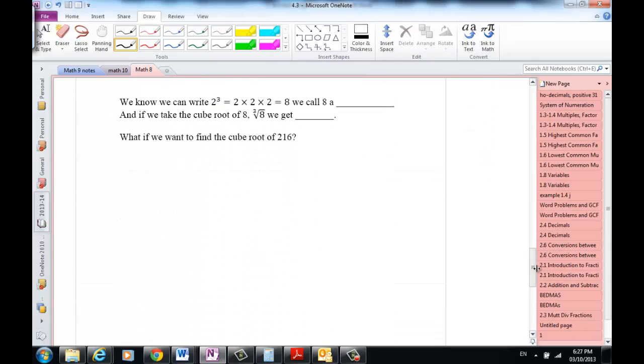Okay, we're going to look at cube roots. So one thing that we do know is 2 cubed, we can write it in expanded form as 2 multiplied by 2 multiplied by 2, and if I simplify, I get 8. Now, because 8 can be written as 2 cubed, so because it's 2 multiplied by 2 multiplied by 2, we call this a perfect cube.